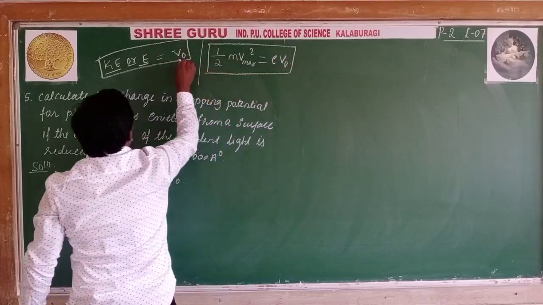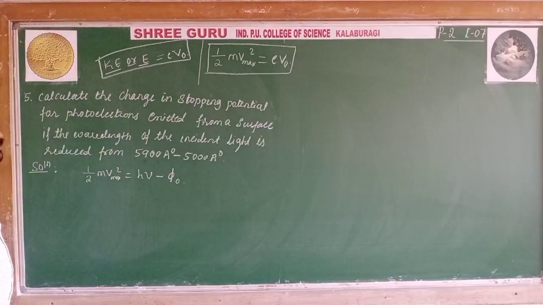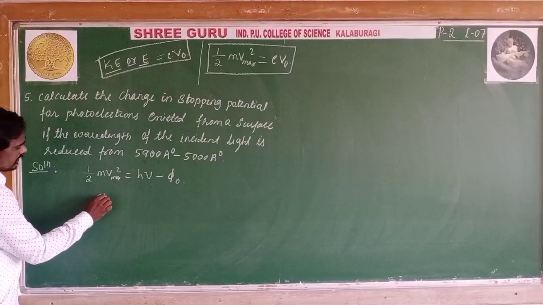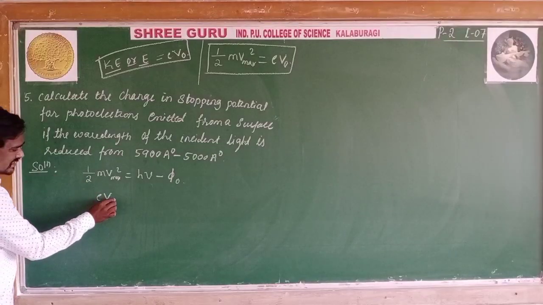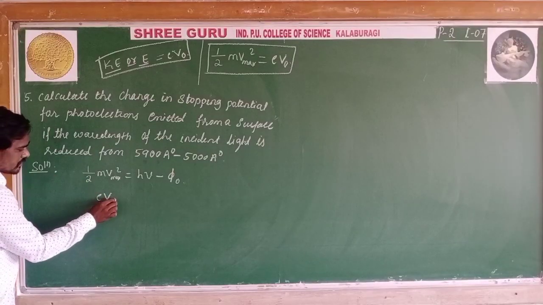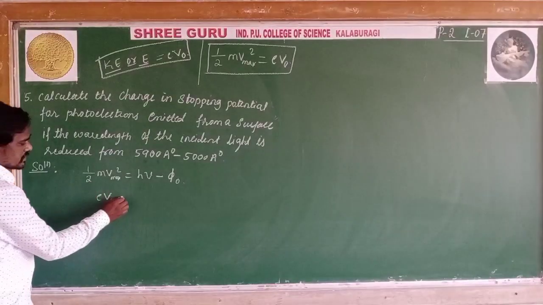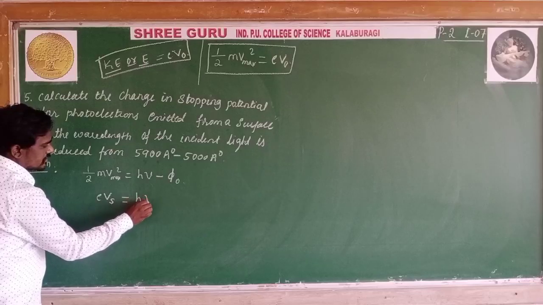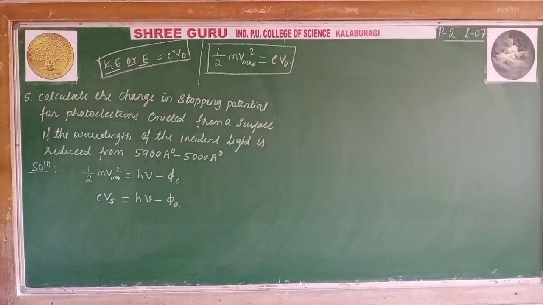That is our potential, meaning kinetic energy. Instead of V naught, I am considering the stopping potential Vs. It becomes e Vs equals h nu minus phi naught.